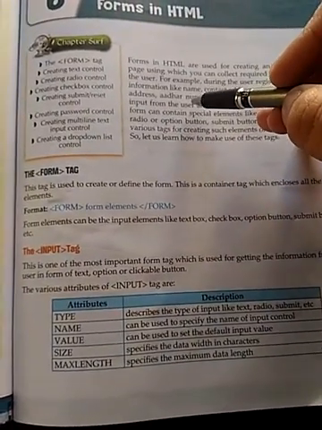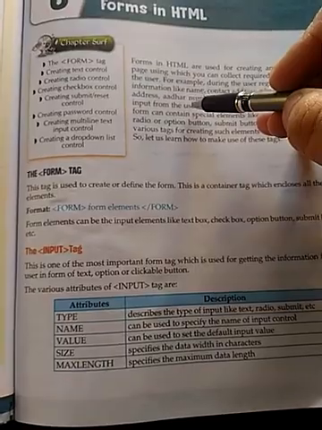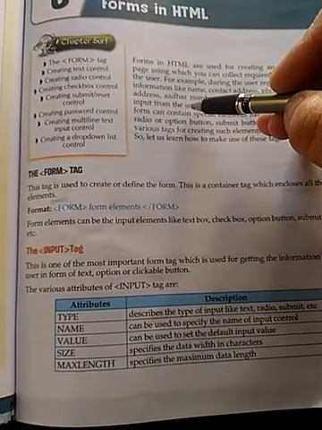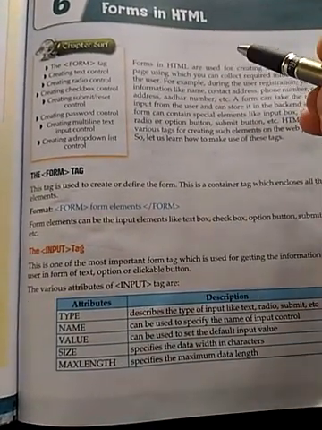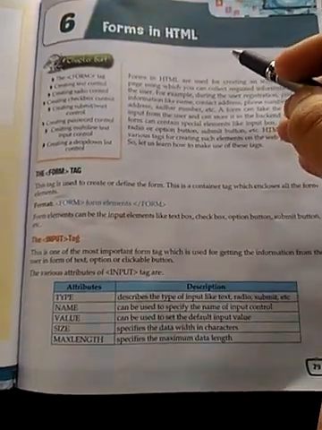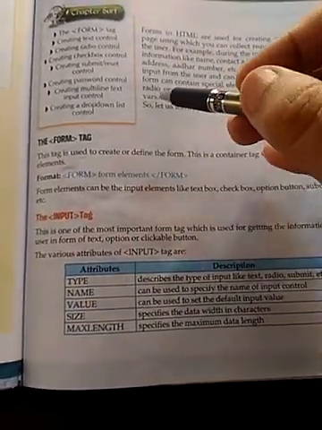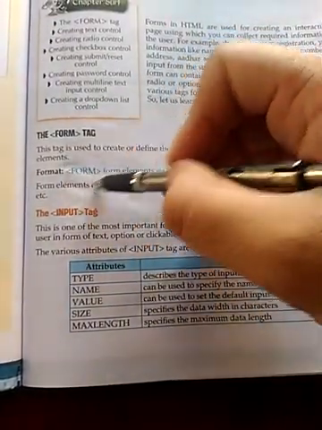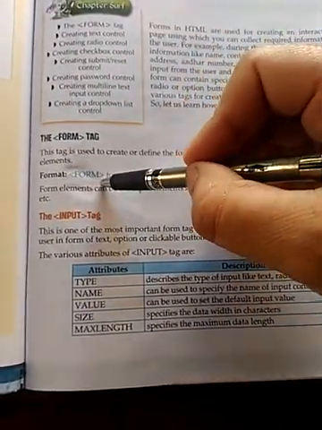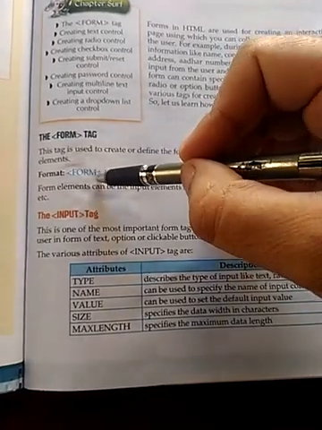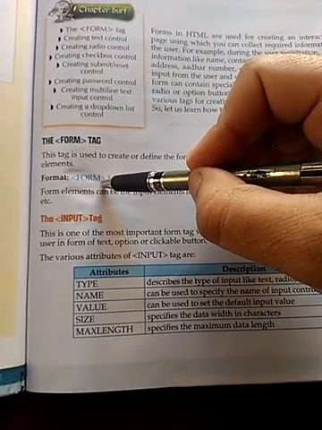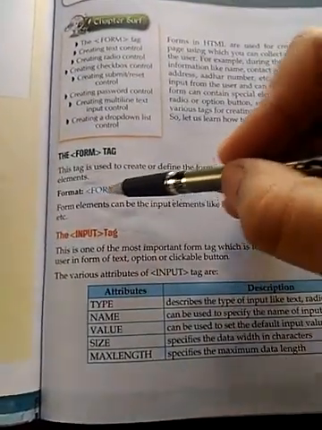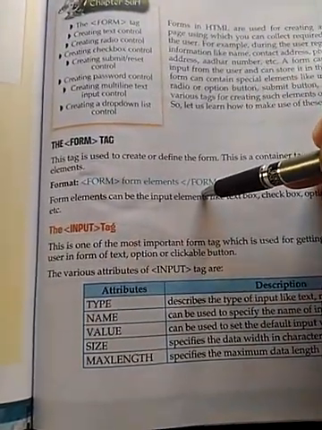Basically forms are used to gather or to collect the information from the user, and the information which is provided by the user gets saved on the database at the server's end. To create a form on a web page, the form tag is provided in HTML. With the help of form tag you can create a form. Form is a container element, that is, it is having opening tag and closing tag.